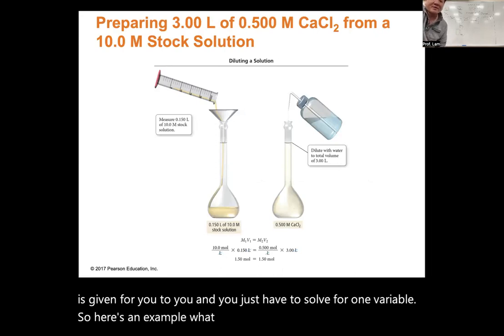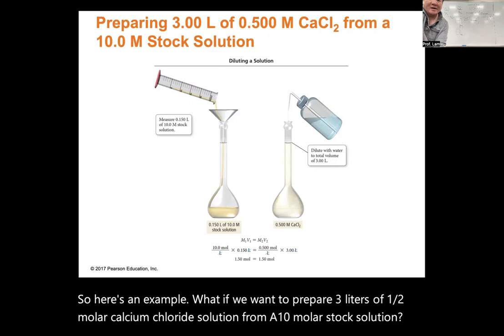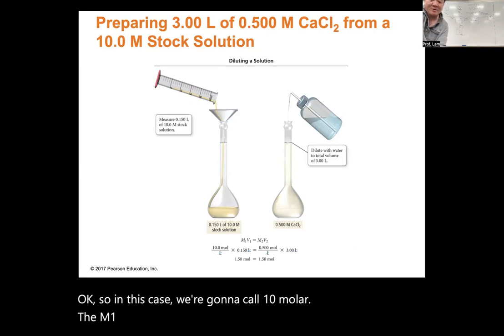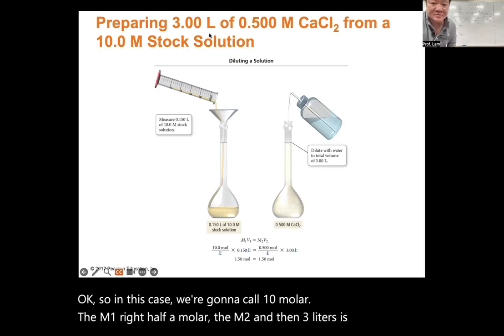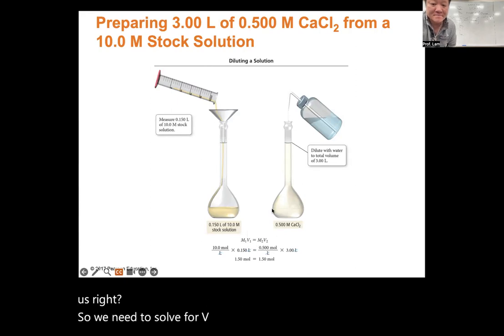Okay, so here's an example. What if we want to prepare 3 liters of a half molar calcium chloride solution from a 10 molar stock solution? Okay, so in this case, we're going to call 10 molar the M1, right? Half a molar the M2, and then 3 liters is V2, given to us, right? So we need to solve for V1, okay? So let's go to the board for this.